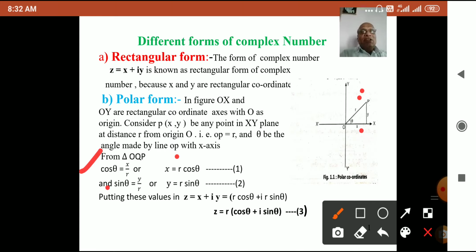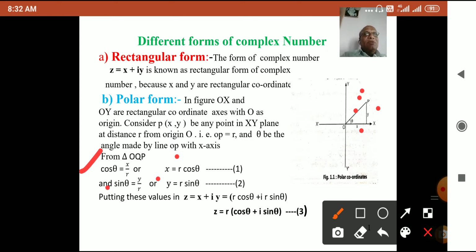Sin theta will be the opposite side divided by the hypotenuse. From this we find sin theta, which is equal to y by r, or y equal to r sin theta. So using trigonometry, we find the value of x in terms of r and theta, and the value of y in terms of r and theta.